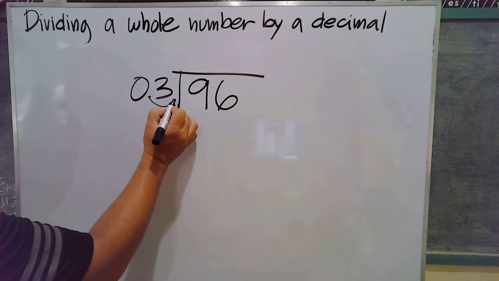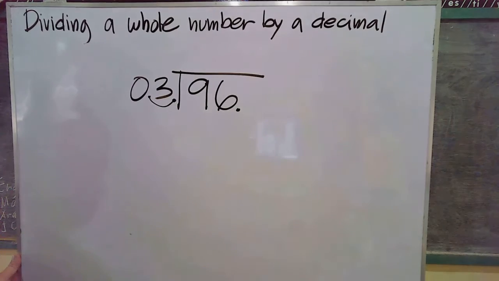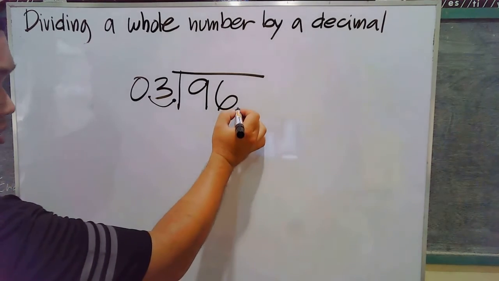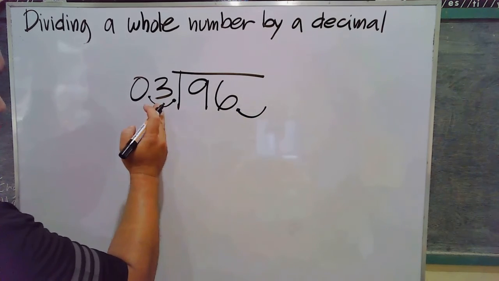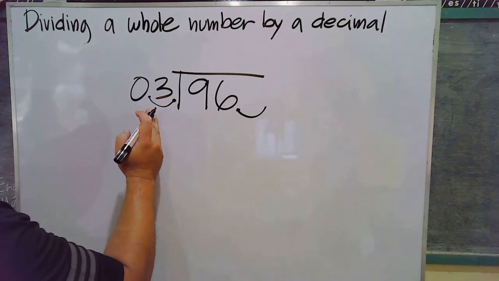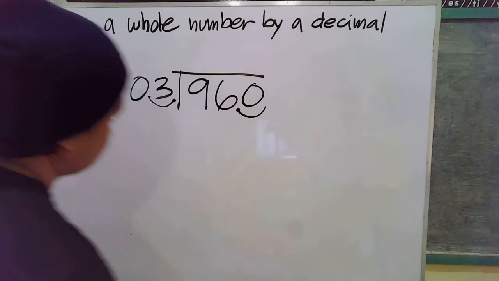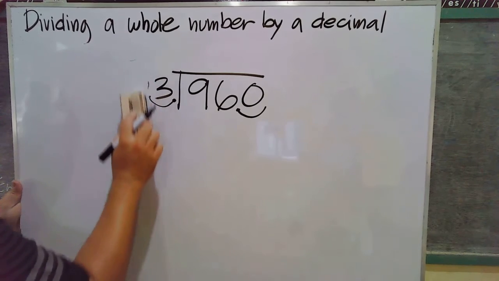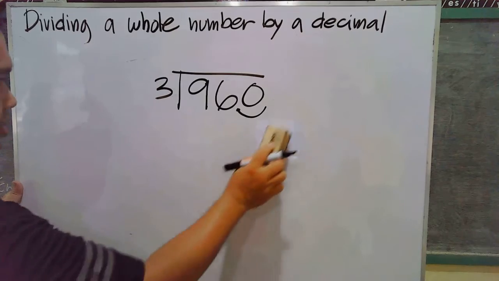So for our whole number, we also need one step, so we add 0. It becomes 960. So what we have is 960 divided by 3.